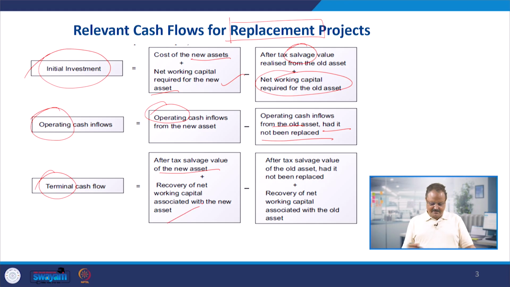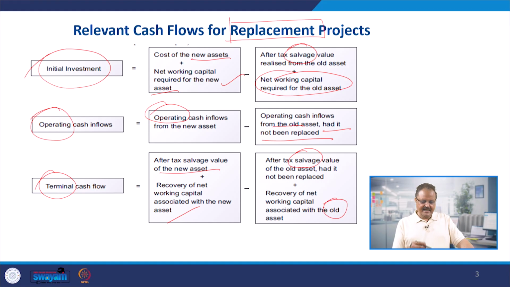As we have seen in the previous example, the terminal value is basically the sum total of the salvage value and maybe the recovery of the working capital, either full or proportionate. This total has to be worked out, and from it we have to subtract the after tax salvage value of the old asset, because the old asset also would have given you some salvage value, and the recovery of the net working capital associated with the old machine, right.